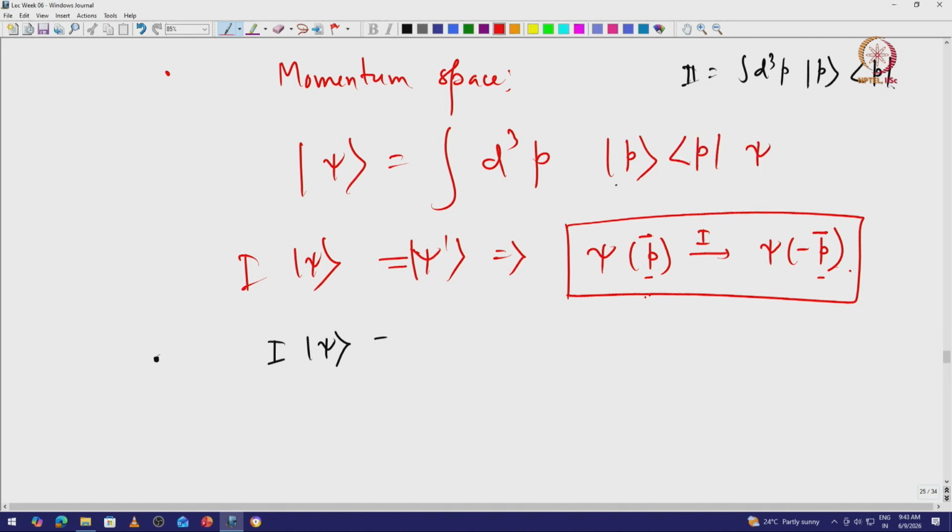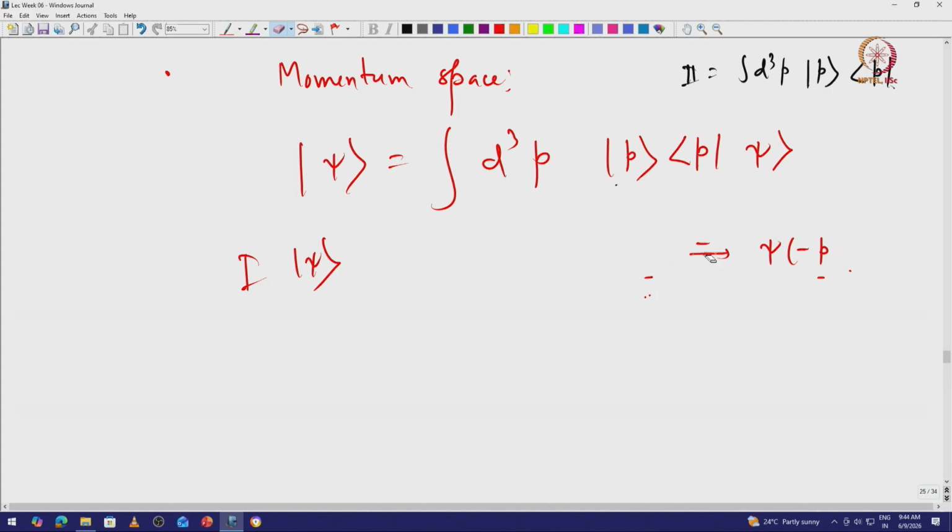Then we put inversion on the state, and now we can do it in two ways. Either we can apply the inversion on this state and this one just remains as the wave function in the momentum space, or one can even start with the state and then put the resolution operator later. So let us do it two ways.